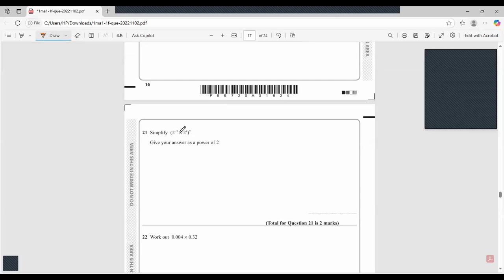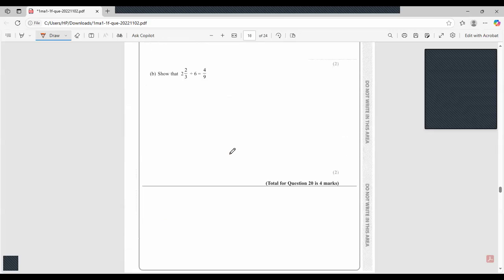Okay, that's the starting. And then you add the 2 powers inside, so that will give you 2 raised to power 3. Then you multiply it by 2. Okay, yes, that's it. That's 2 raised to the power 6. Yes, you're right. Okay, so you're good. All right, we'll move on.